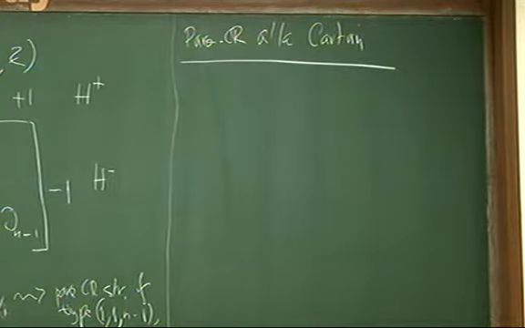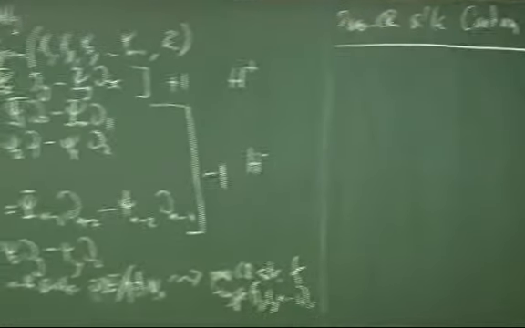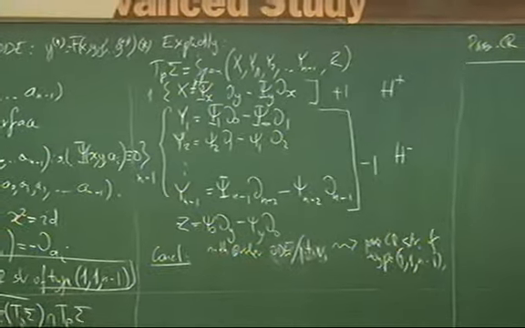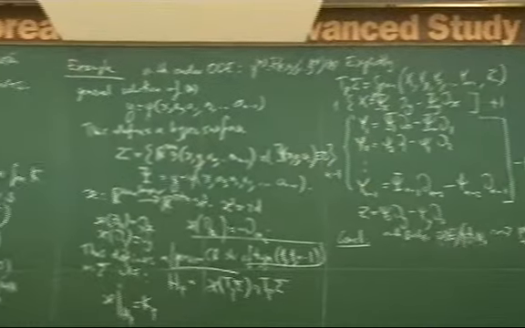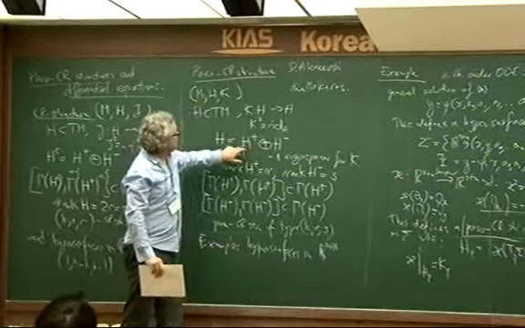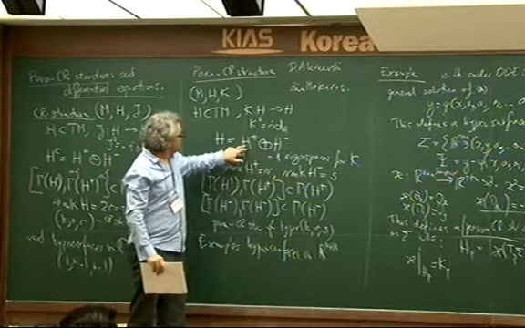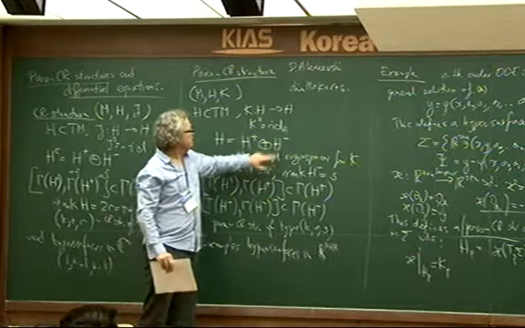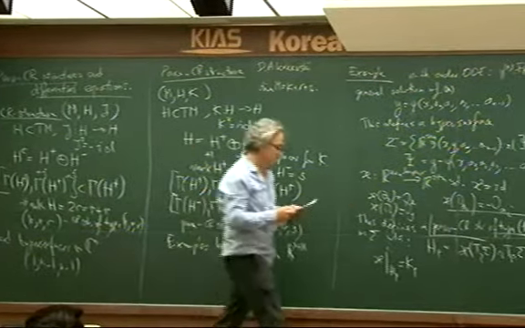So this para-CR structure is defined in terms of M, H, and K, but what is said here is essentially equivalent to this: that we have just M and two distributions, one of rank R, the other of rank S, and these two distributions are integrable.